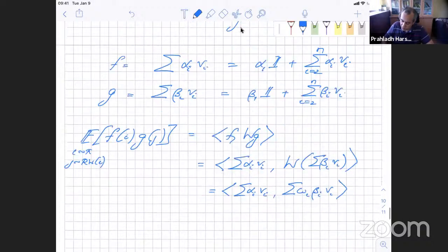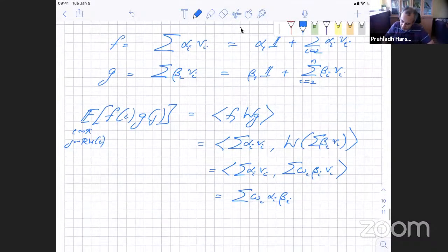These are orthonormal vectors, therefore this is just the summation of omega i alpha i beta i. Omega 1 is for the all ones eigenvector, so let's write this as alpha 1 beta 1 plus the sum from i equals 2 to n of omega i alpha i beta i.